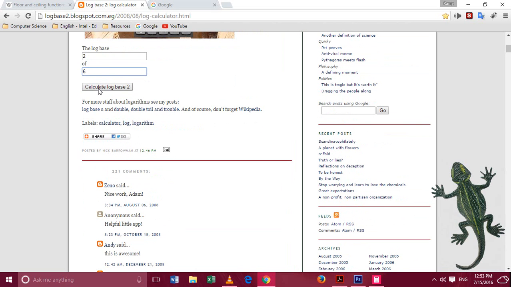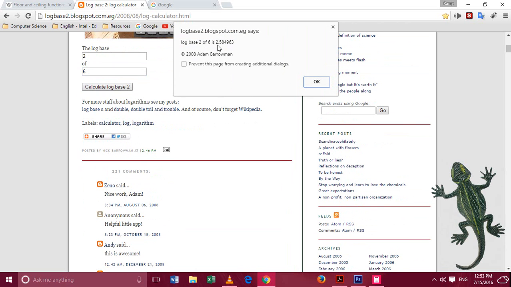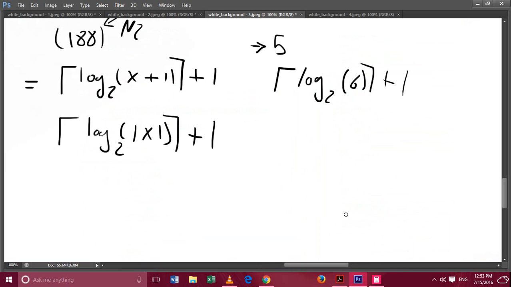Log base 2 of 6 equals 2.5. That equals the ceiling of 2.5 plus 1, and the ceiling of 2.5, as we explained before, is 3. 3 plus 1 equals 4.